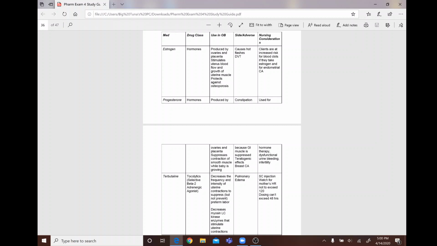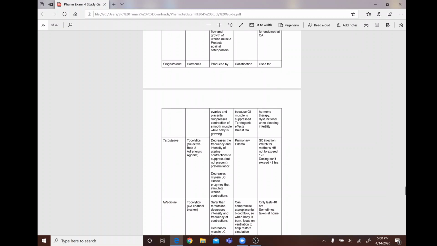All right, what type of drug class is progesterone? Hormone. What is progesterone produced by? Ovaries and placenta. What is the action of progesterone? Suppresses contraction of smooth muscle while the baby is growing.